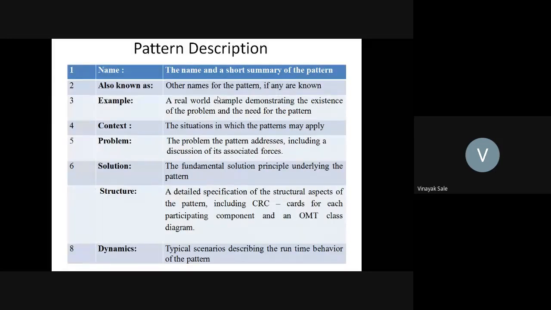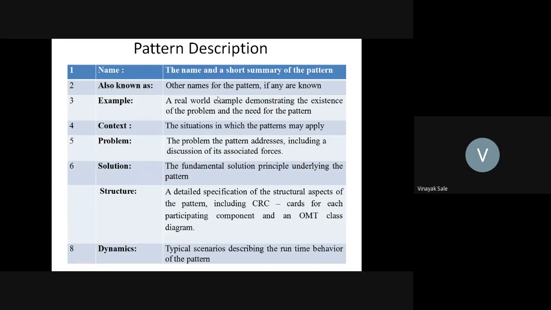So pattern description, it has some properties. First property is name, the name and short summary of the pattern. Pattern also known as, other names for the pattern if any are known. Examples of patterns, that is the real world example demonstrating the extent of the problem and need for the pattern.